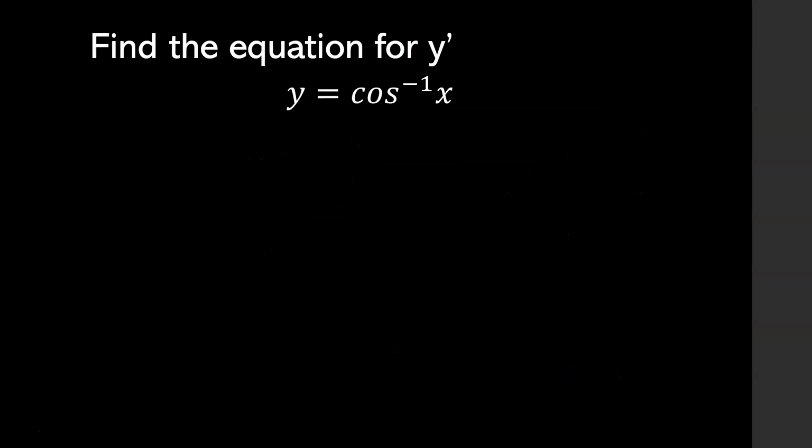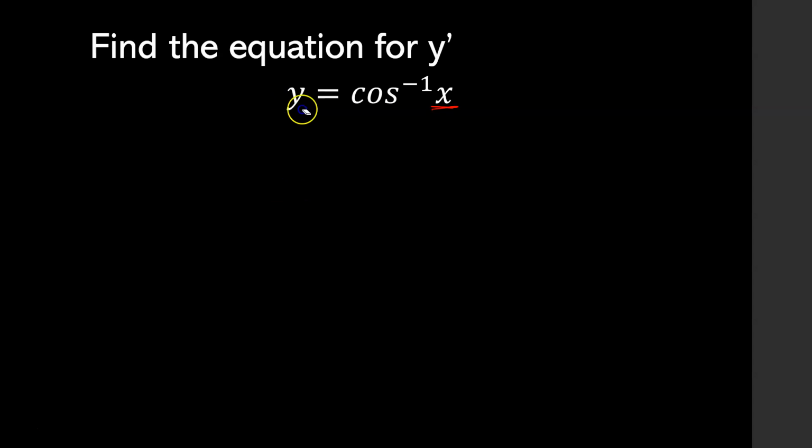Next is the derivative of inverse cosine of x. So let's review. What is x? What is y? Since we're talking about an inverse trigonometric function, x is a ratio of sides: the length of the side adjacent to our angle divided by the hypotenuse, which means y is the angle.